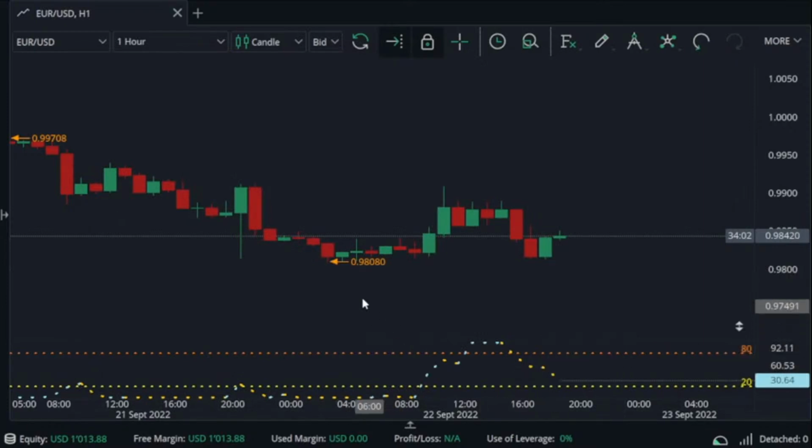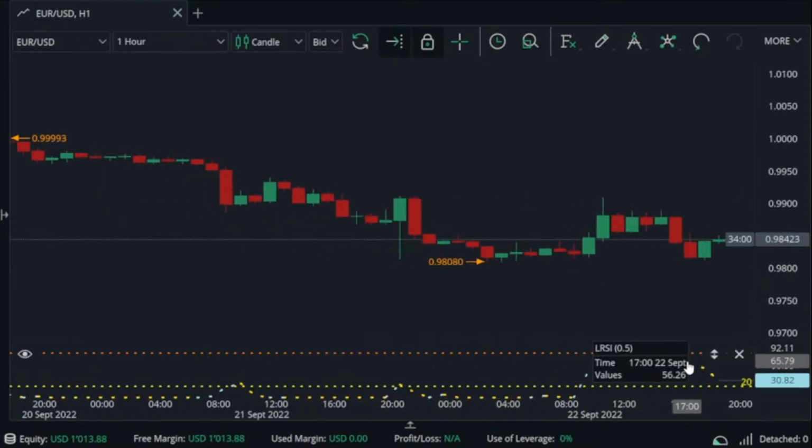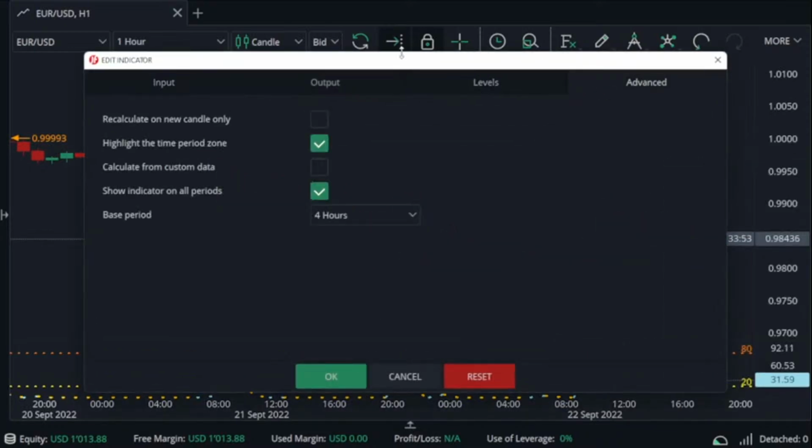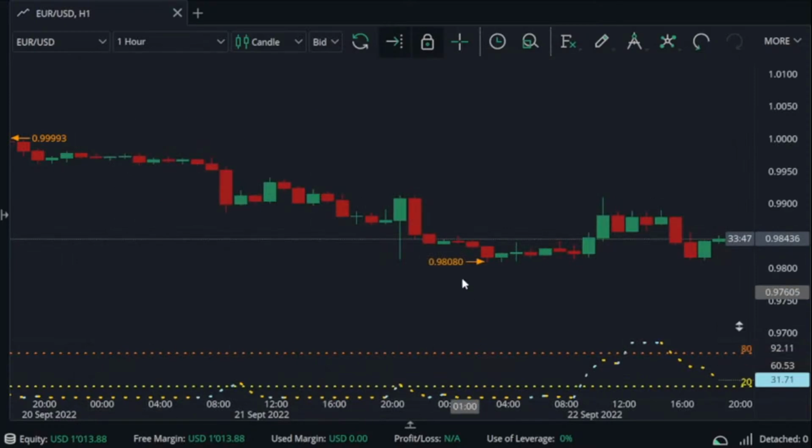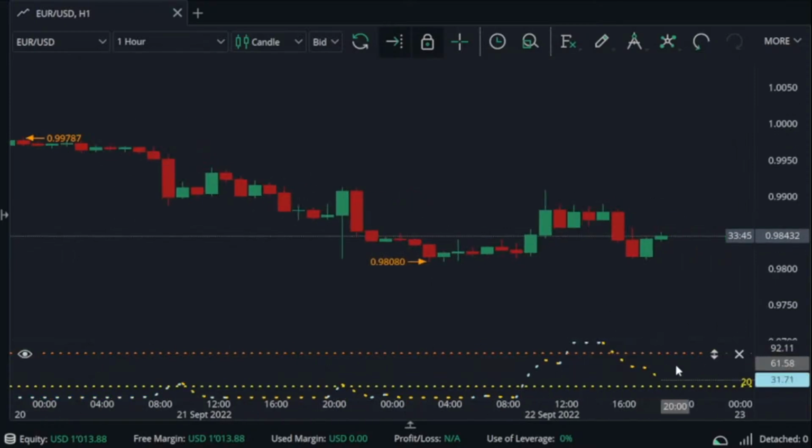So here we get this calculation period highlighted. All right. If you want the output of this indicator to remain constant throughout the current candle period, then you have to opt in for this, and we will have the output of this indicator remaining constant throughout this calculation period.